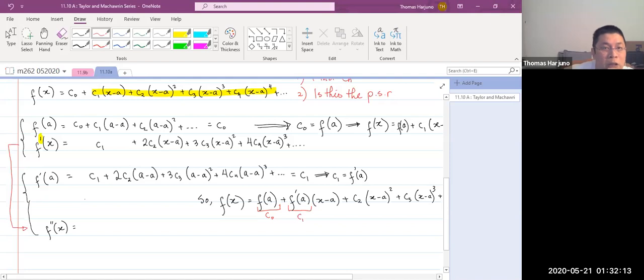Then you will get 2c2 plus 3 times 2c3 (x minus a) plus 4 times 3 c4 (x minus a) squared, and on.